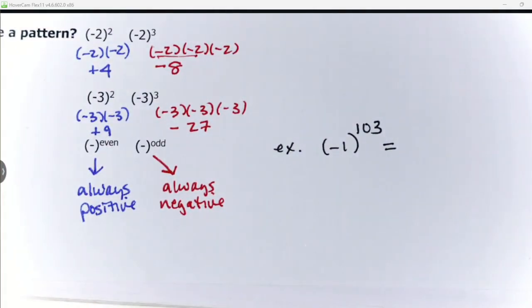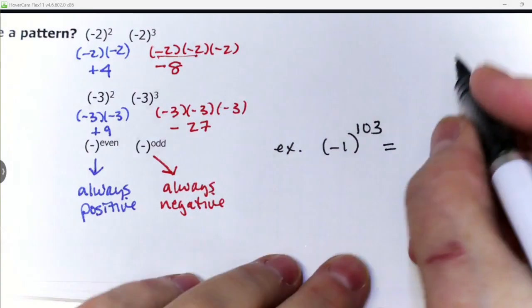If I have a negative 1 to the power of 103, is my answer going to be positive or negative? Negative. Is 103 even or an odd number? Odd. And a negative number to an odd power is always negative.